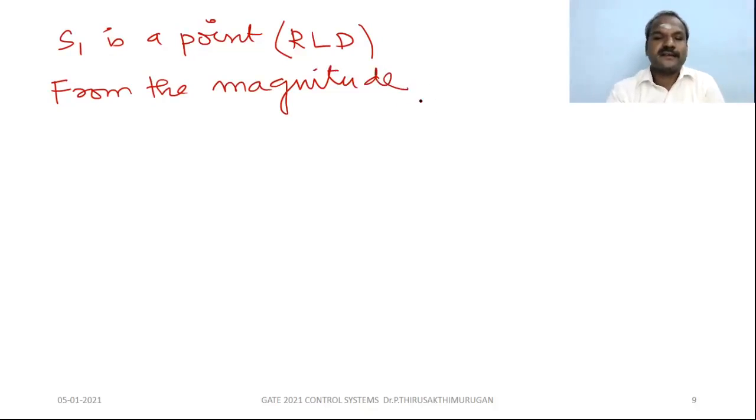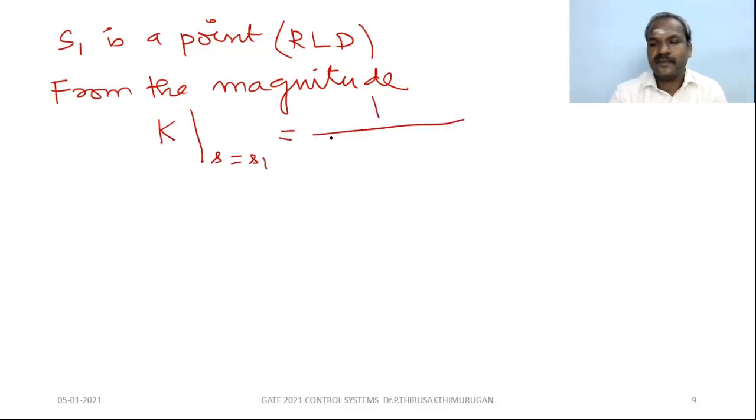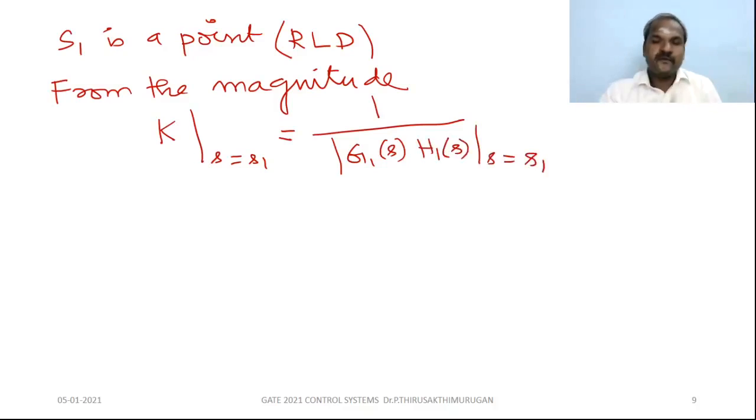So what is K? K at S equal to S1 is nothing but, as we already calculated at the very beginning, the modulus of G1(s)H1(s) at S equal to S1. From this condition also, we can calculate the gain value K.